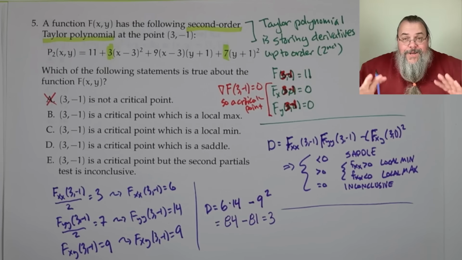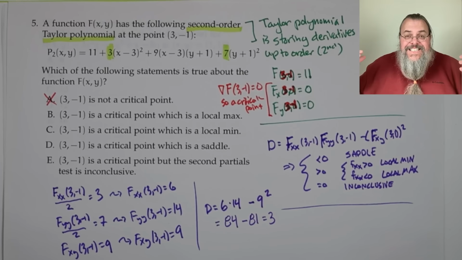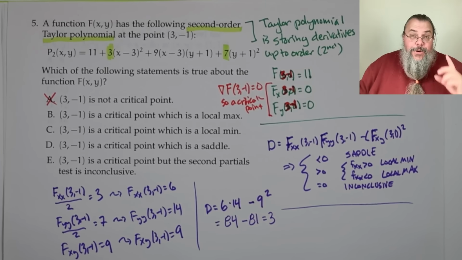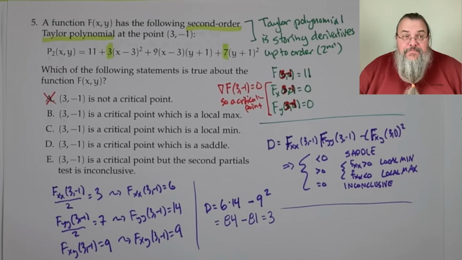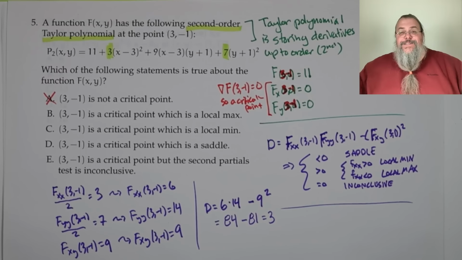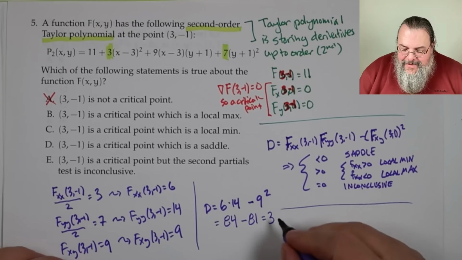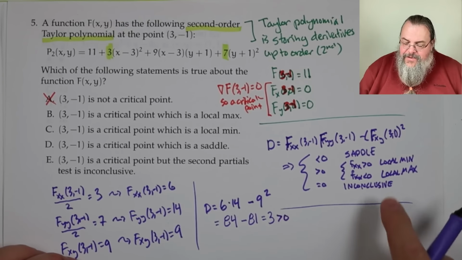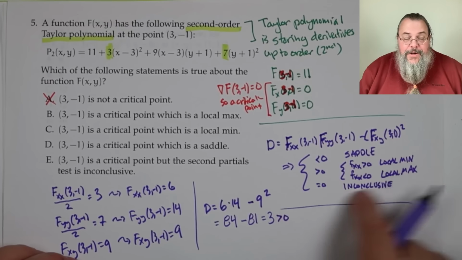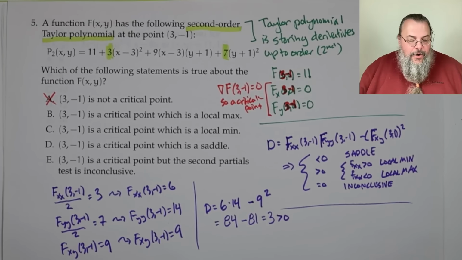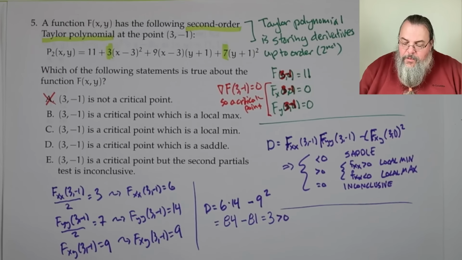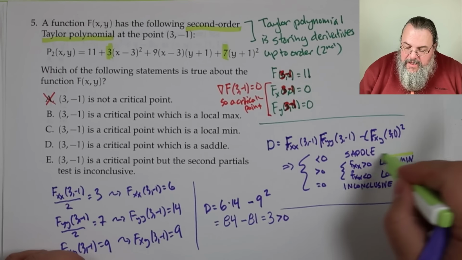Now, we don't care about the size of the number. It's the sign that matters. We saw the sign, and it opened up our eyes. What is our sign? Positive. So that means we're either a local min or a local max. Cool. But which one? Got to go deeper.